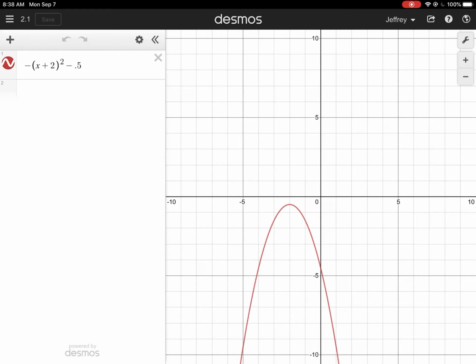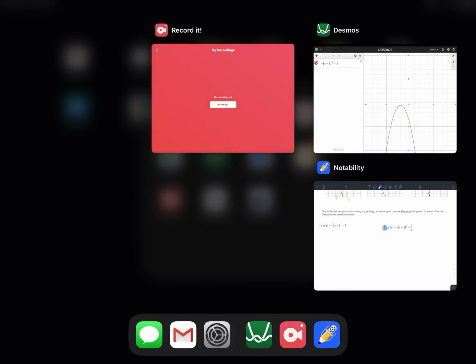You can see that we're no longer looking upwards, we're looking downwards. It's been flipped, and that's because there's a negative outside of our x plus 2 squared. And then we're also shifted away from the point 0, 0. We're shifted to the left 2 units and then down 0.5 units.